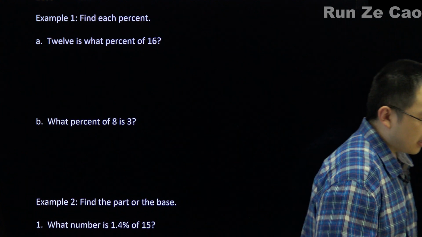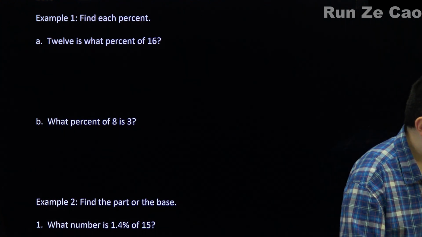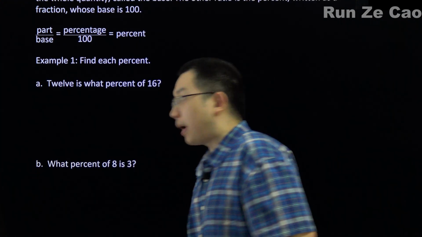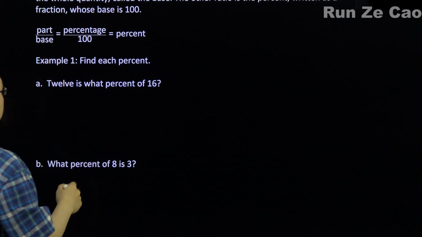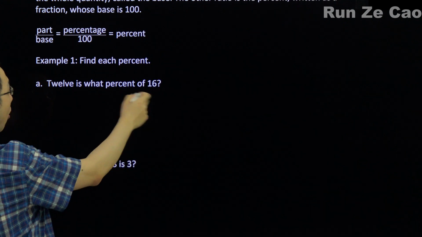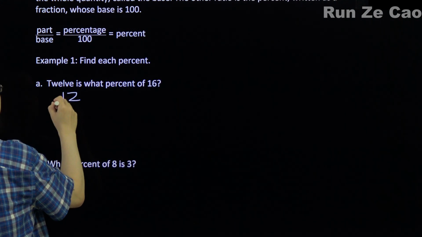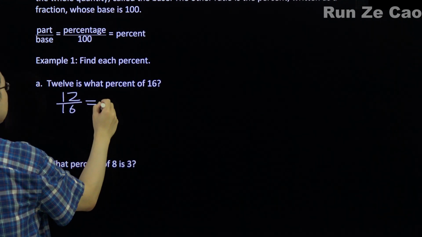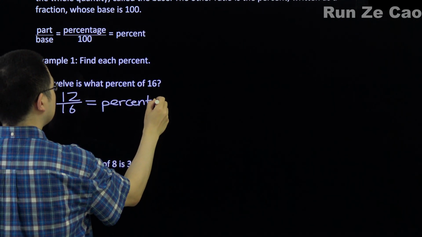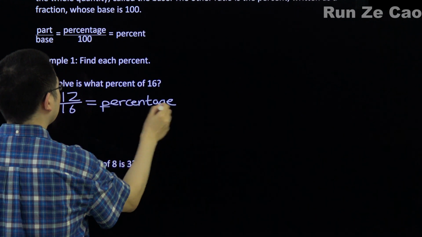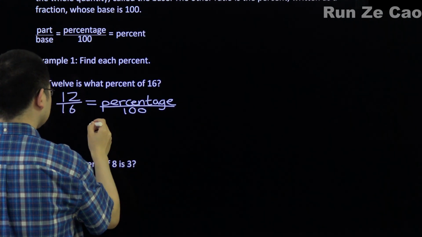So find each percent. 12 is what percent of 16? Well, the part that we're trying to find the percentage of is 12, and the whole is 16. So 12 over 16 is equal to percentage over 100, if you like.